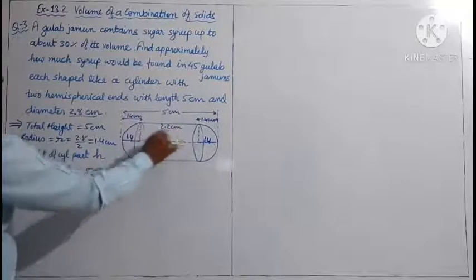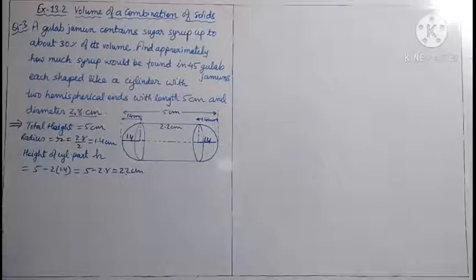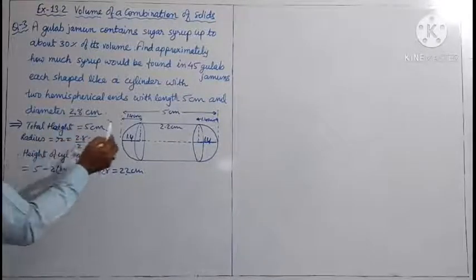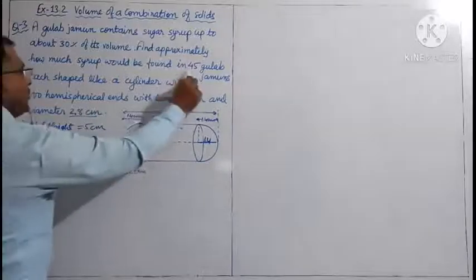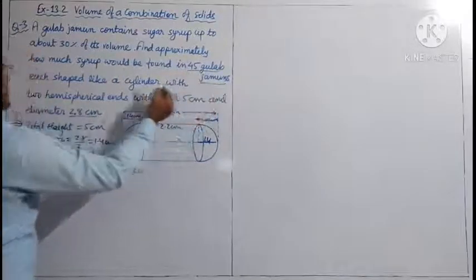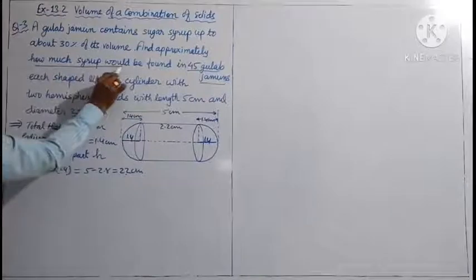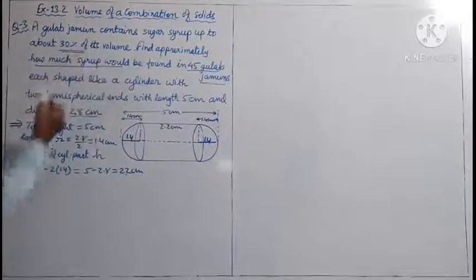It is the height of this cylindrical part, we can say. So these are the dimensions. Now our question is, first of all we have to find the volume of 45 gulab jamuns, and then we have to find the sugar syrup, and that is 30% of the total volume.